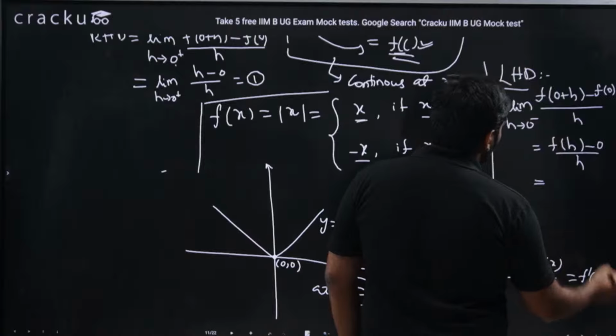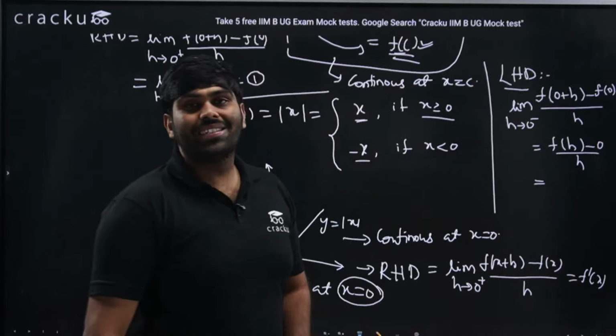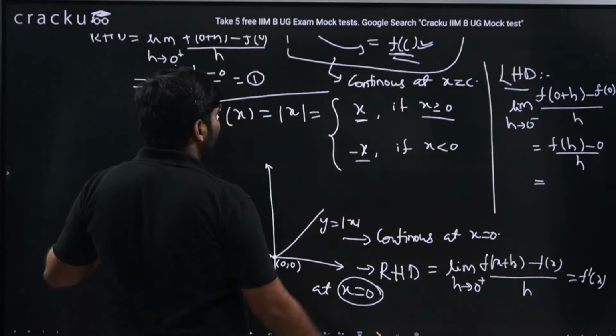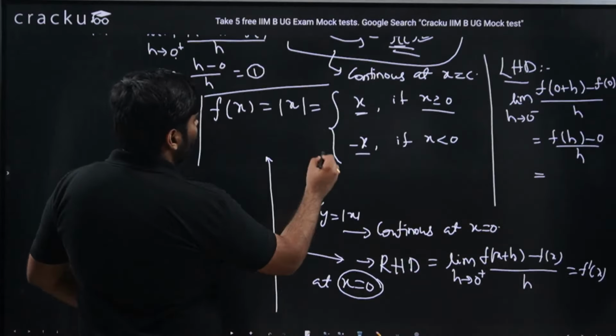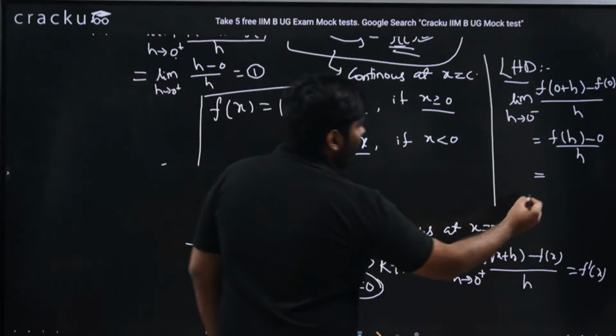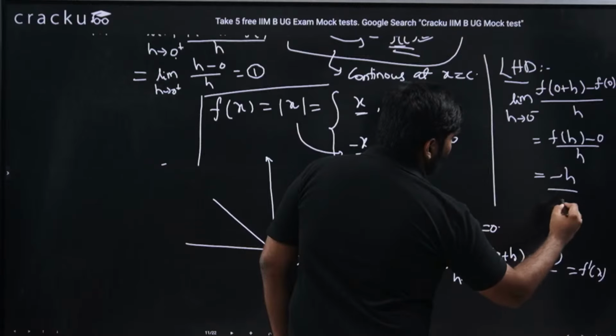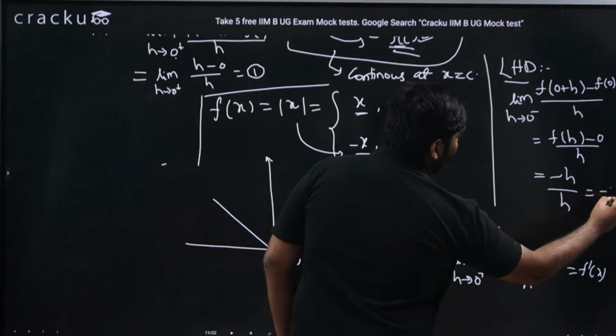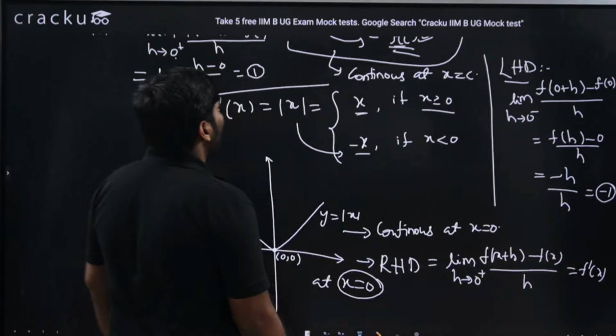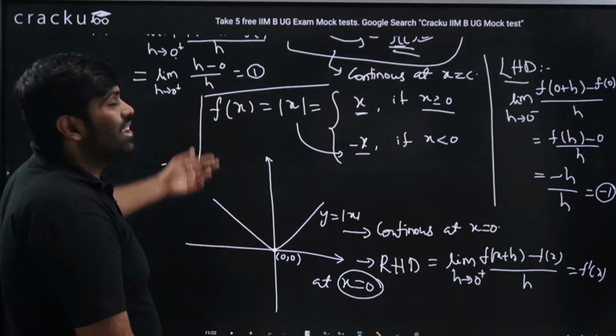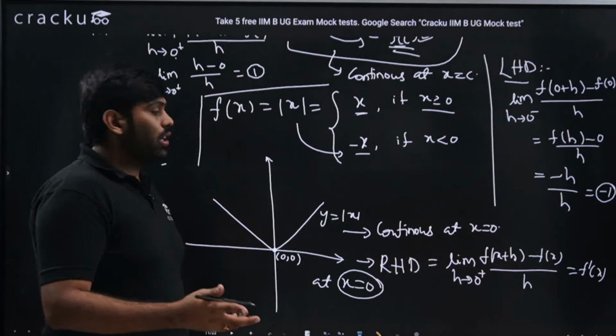But what is f of h for h being less than 0? Now h is 0 minus, that is h being less than 0. So mod x is minus x. Now I would write this as minus h by h. So the left hand derivative is minus 1, whereas the right hand derivative is 1. Both are not equal.